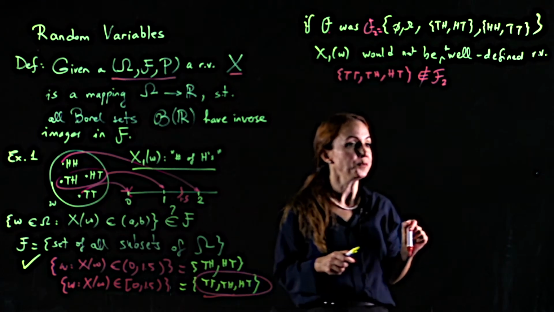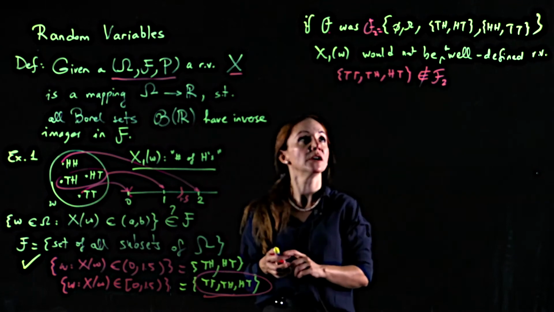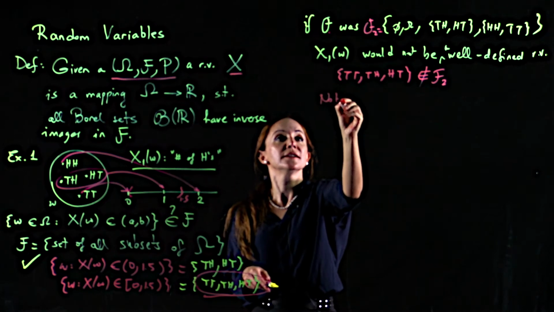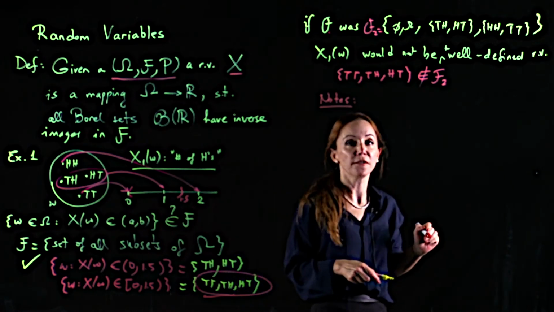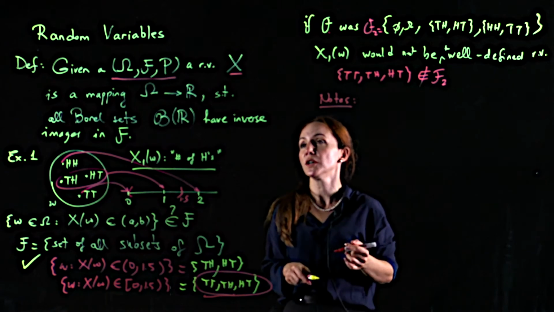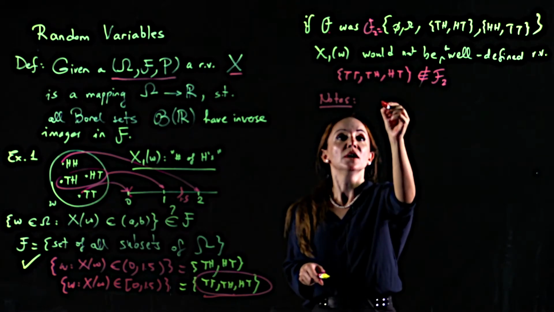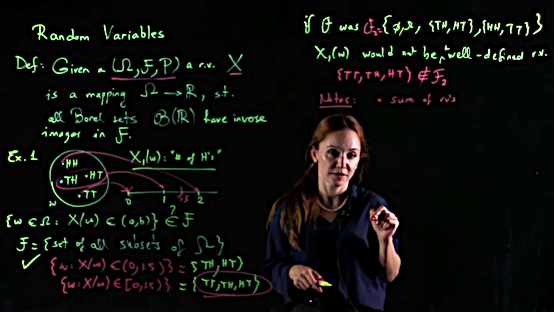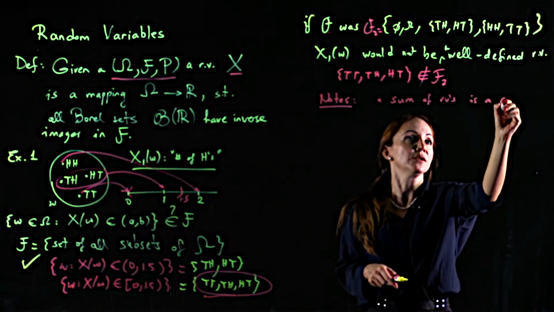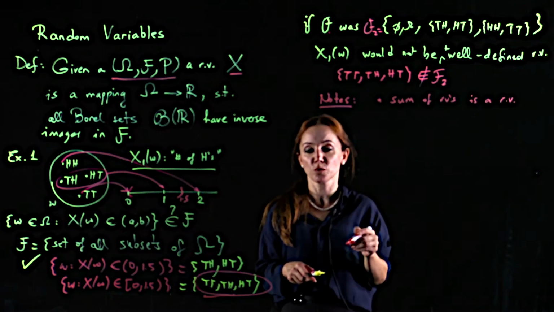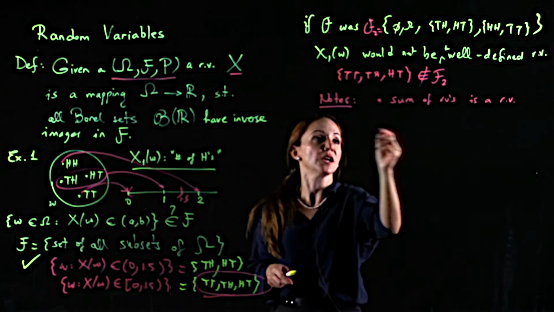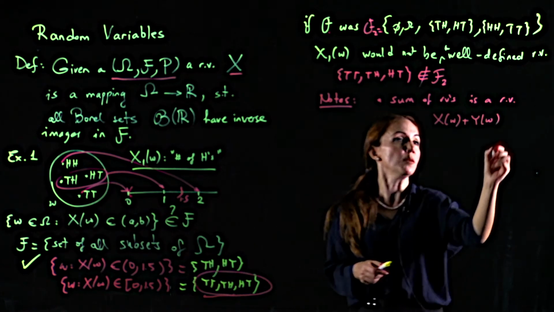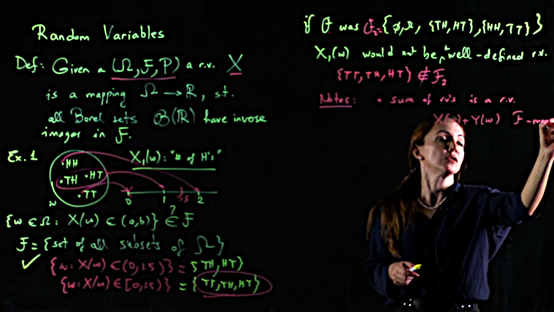All right, so let's now discuss some facts that follow from this definition of a random variable. When you sum random variables, you get a random variable. Because when you sum two functions like this, X of w and Y of w, the sum is F measurable.